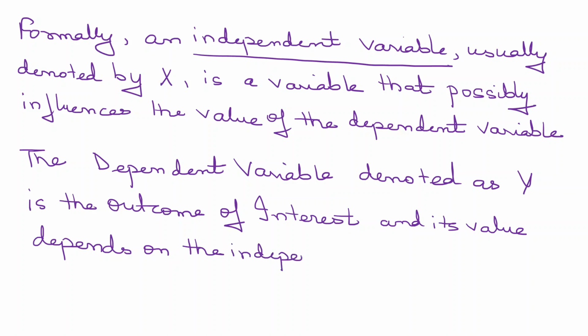So why is it called dependent? Because it cannot take an independent value. Its value is dependent on the independent variable. So that's why it's called the dependent variable.